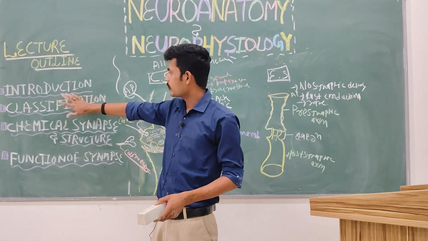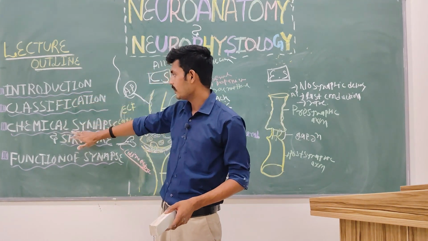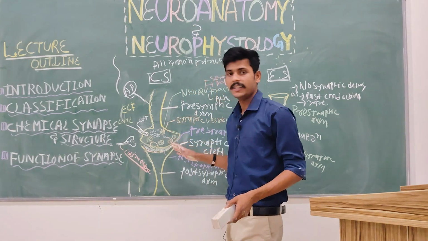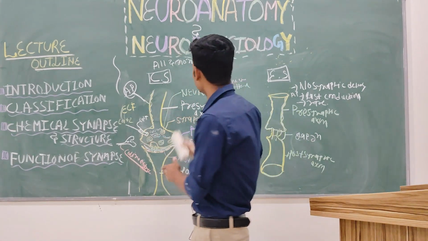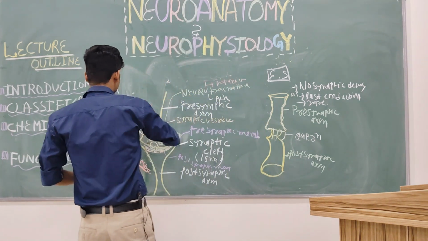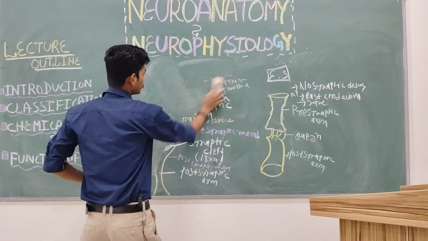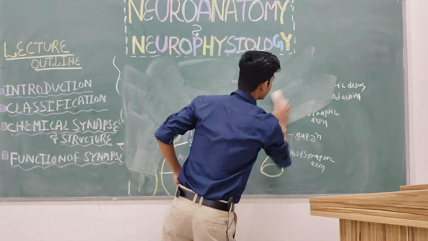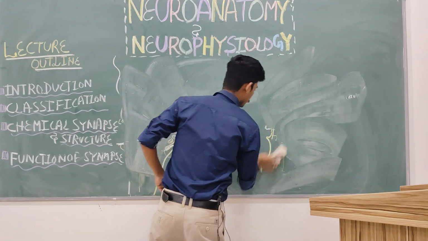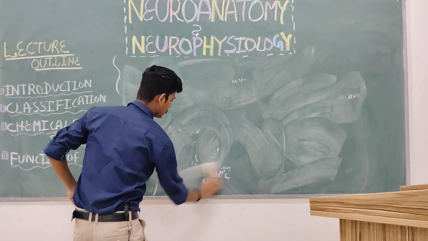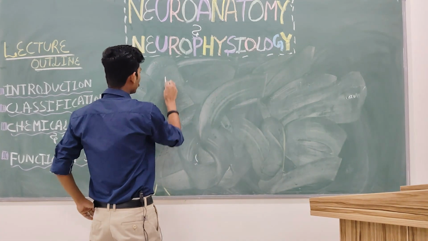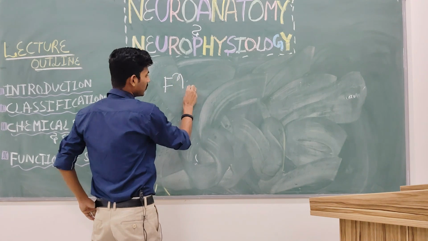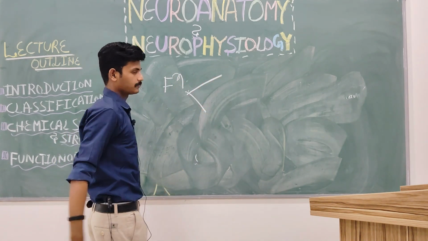We dealt with the introduction and the classification, and we described the chemical synapse in detail and saw its structure. Now for the function, which we will discuss in our next lecture after the break, there are two types of function.